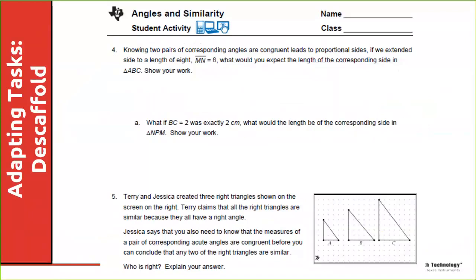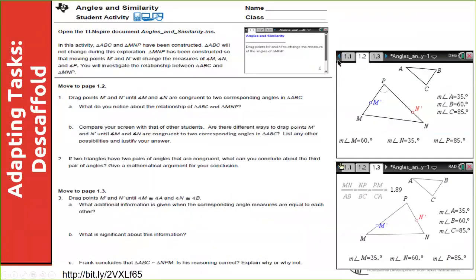Yeah, I think when we think about those original criteria, right, we raised the cognitive demand because you took away some of that step-by-step, but you also added in a lot about giving students the opportunity to communicate about mathematics with the question about explaining, do we think that reasoning is correct, why or why not, give the mathematical argument for your conclusion.